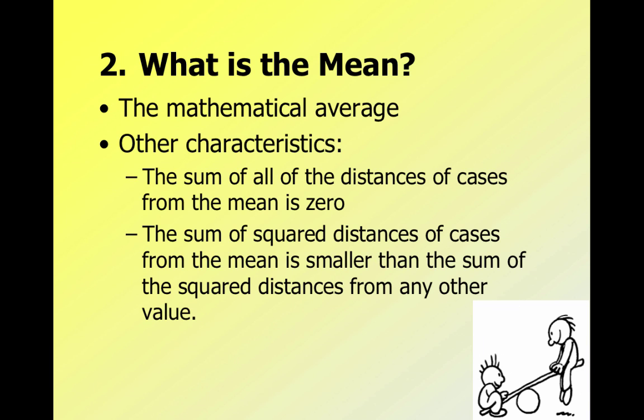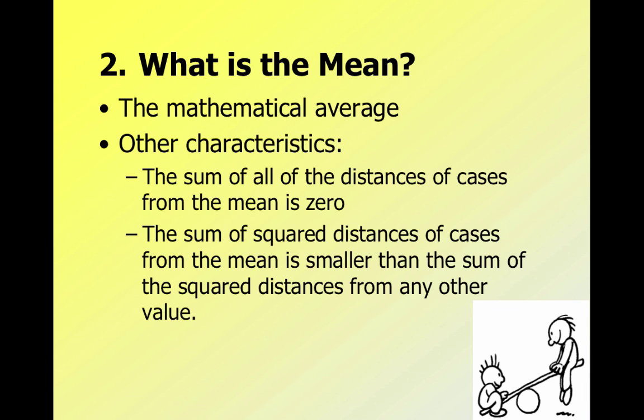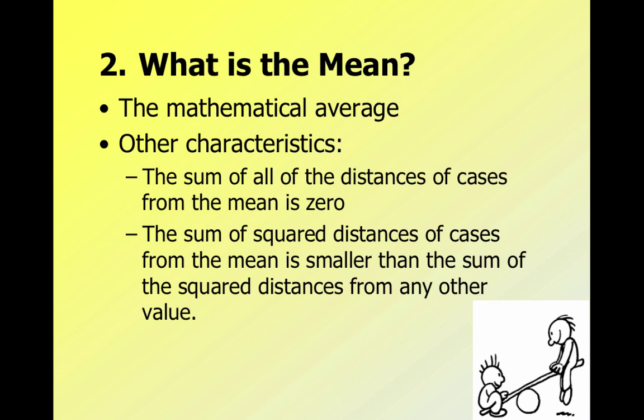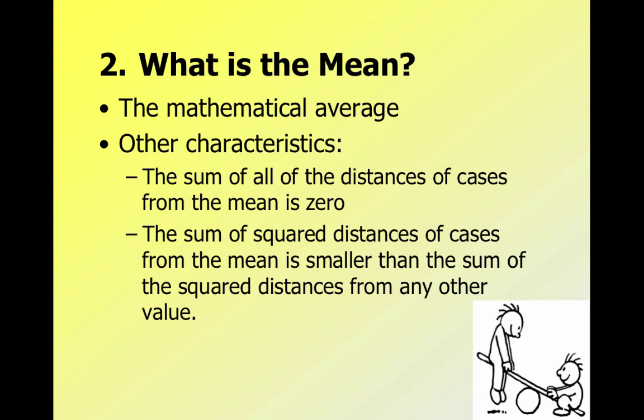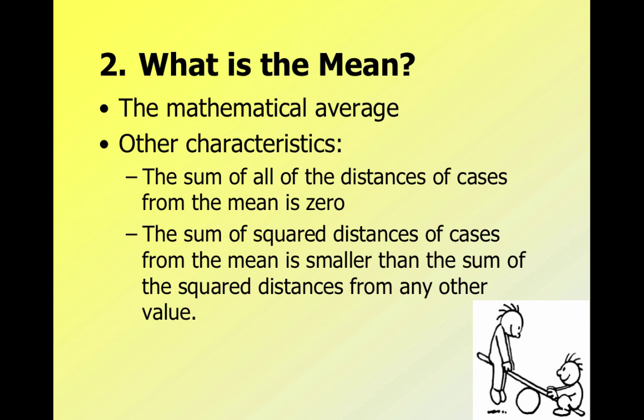Also, the sum of these squared distances is smaller than the sum of the squared distances from any other value. So if we were to square the distances from each individual case to the mean, there's no way any other number is going to give a smaller sum. So these are just some characteristics of the mean itself.